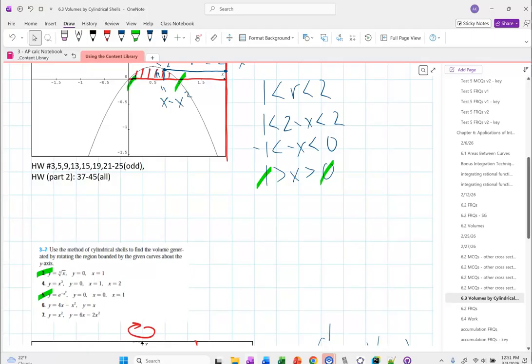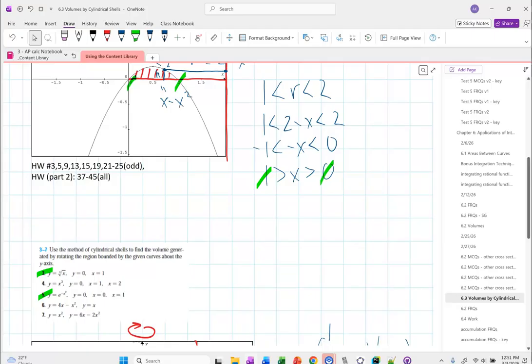On the virtual day, your assignment is going to be 37 through 45, all those problems. You could do disc, washer, or shell. Your job would be to pick the most appropriate method.